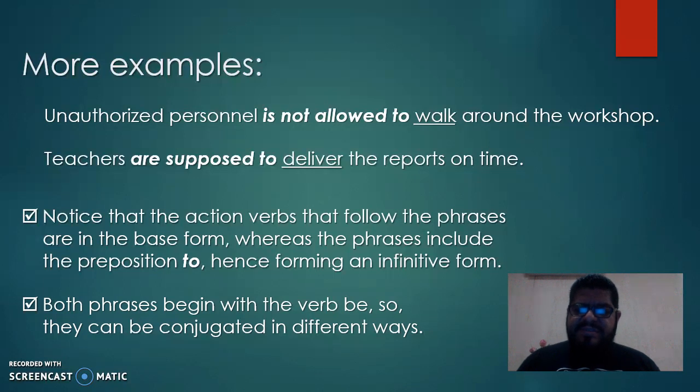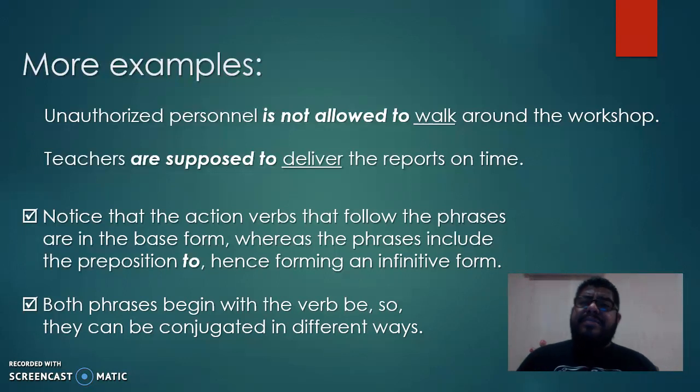Now, both phrases begin with the verb be, so they can be conjugated in different ways. This is important to understand because you can refer to the different kinds of permission or obligations using the phrases be supposed to, be allowed to, but in different tenses. For example, the simple present: Teachers are supposed to deliver the reports on time.